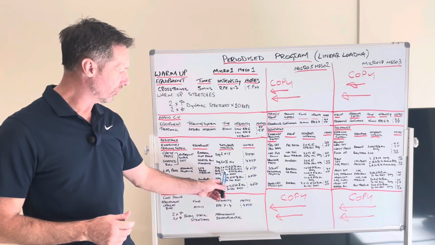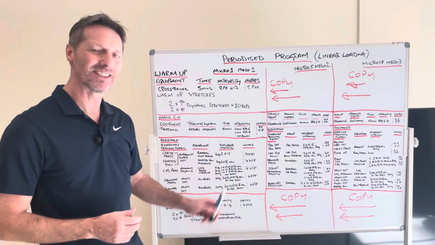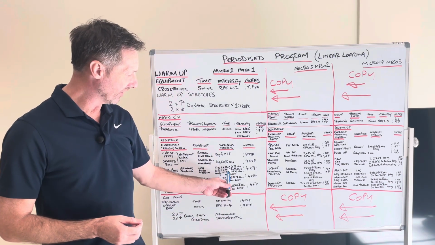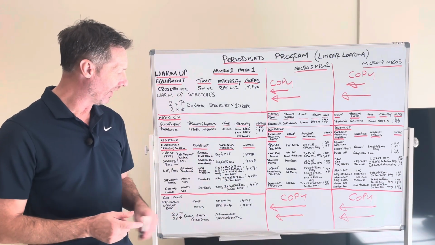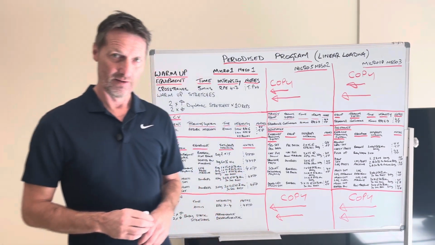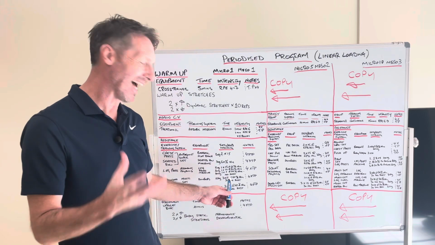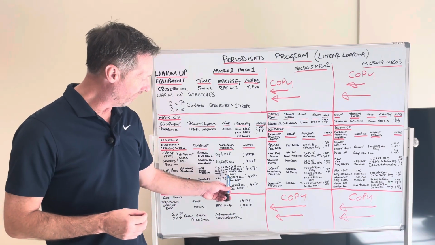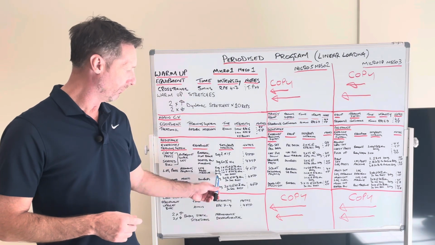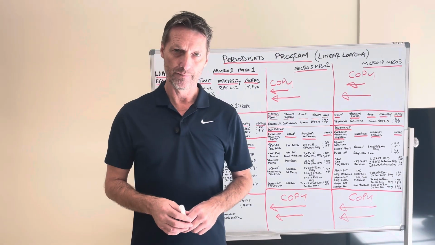Then I'm going to reduce the amount of reps but increase the percentage of 1 rep max. So here I'm going to do 10 repetitions at 70% of 1 rep max, increasing the weight to 30 kg. And then the final set within that pyramid will be 5 reps at 85% of the client's 1 rep max, which will be 40 kg.